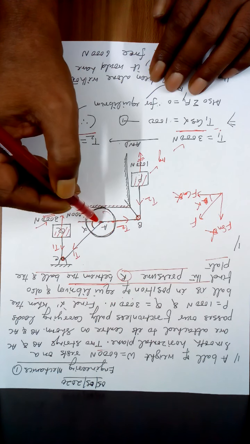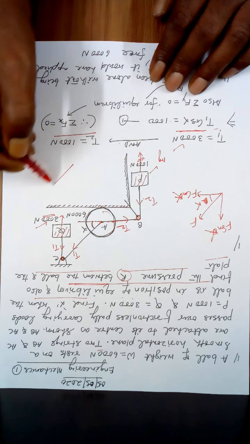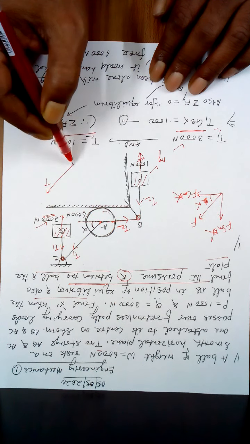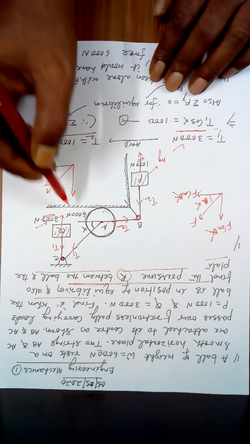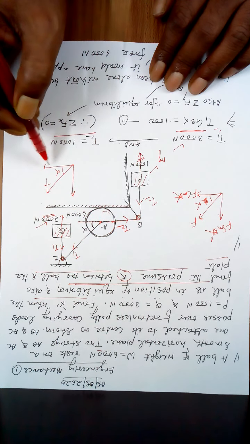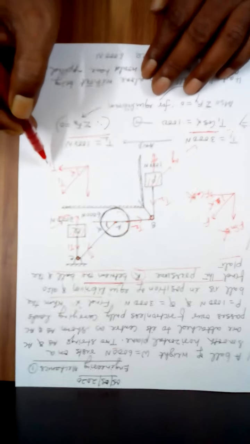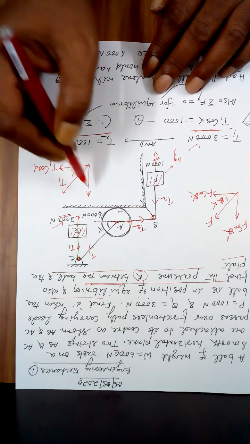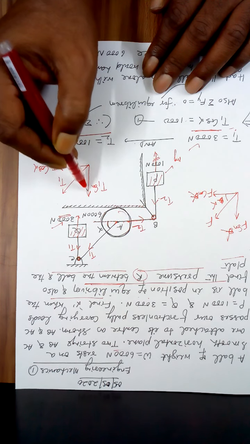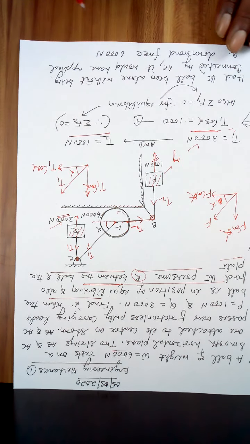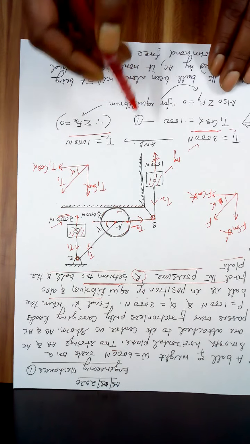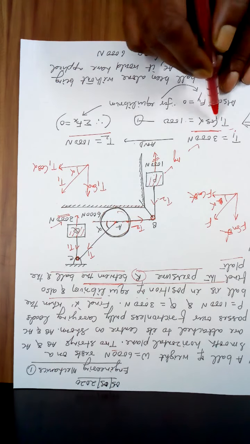So similarly here, this is your tension T1, and this angle is alpha, so this will be your T1 cos alpha, and this will be your T1 sine alpha. Fine.